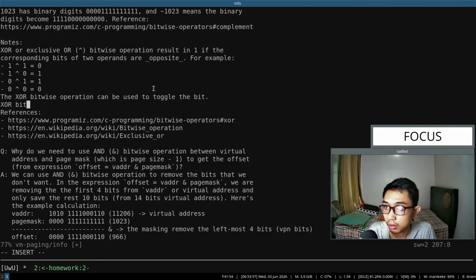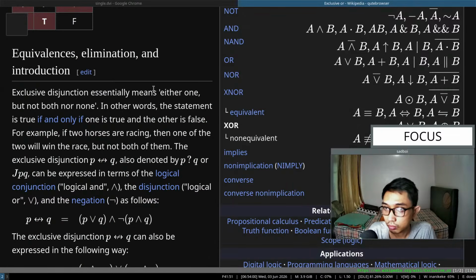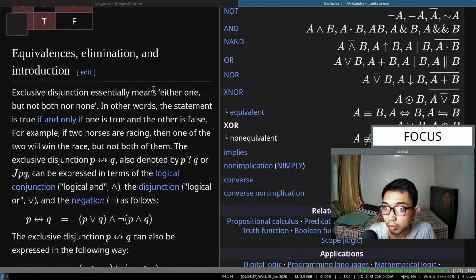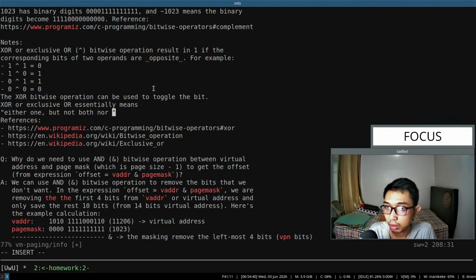XOR, exclusive OR, or exclusive, essentially means either one but not both, nor none.